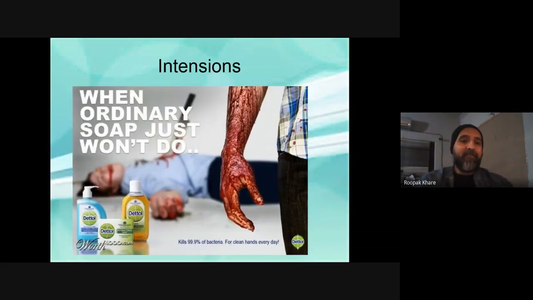Now look at this advertisement. Dettol is a brand which makes cleansing-related and pro-health kind of products. Hand wash and soaps are being shown here on the screen, and they made an advertisement. Look at this advertisement where there is this person lying somewhere.